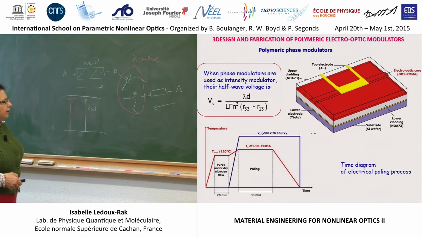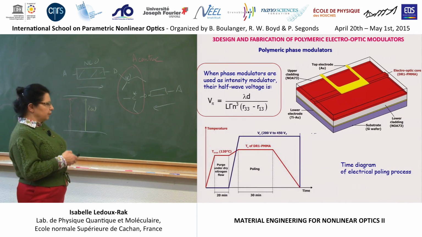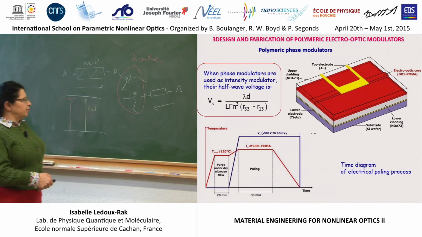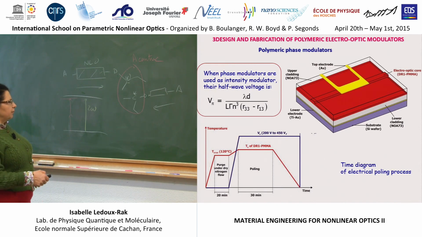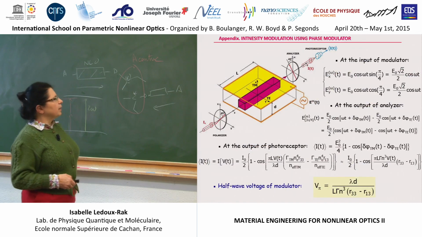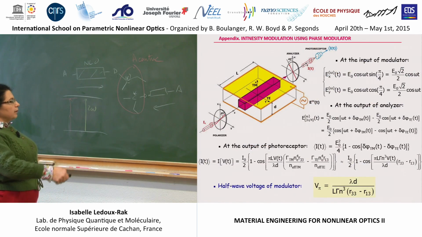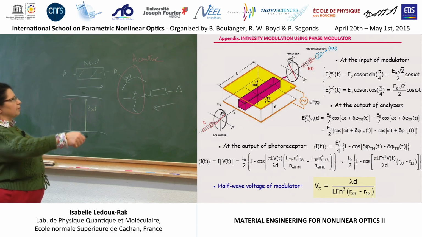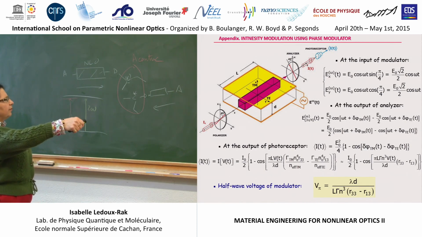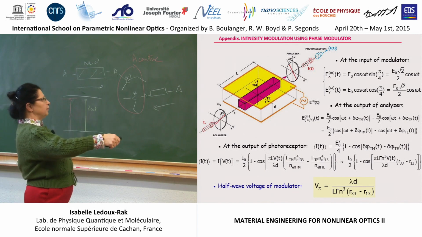So this is a poling procedure. You have seen it before, but it's only to show how it works. First heating, then poling, and keeping the electric field upon cooling. That's relatively simple. Sorry, that's equations, but they are relatively easy. That's how to calculate the response of the intensity modulation using a phase modulator.